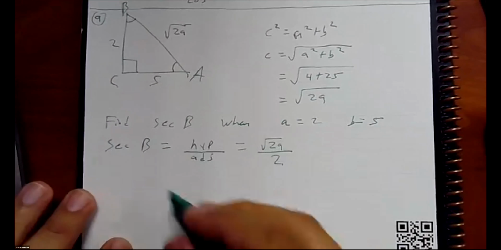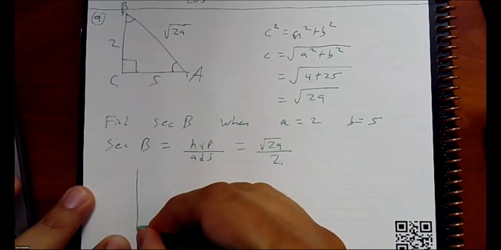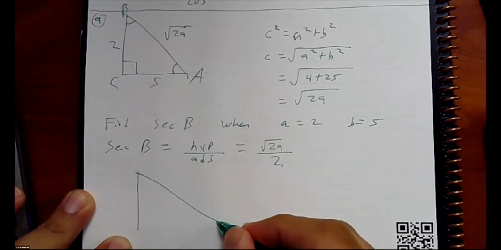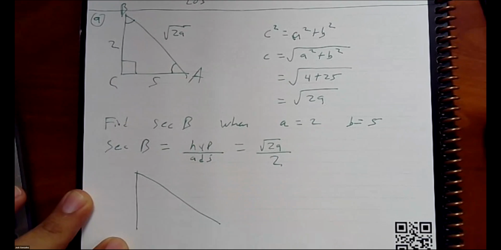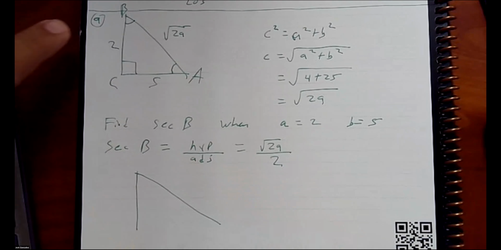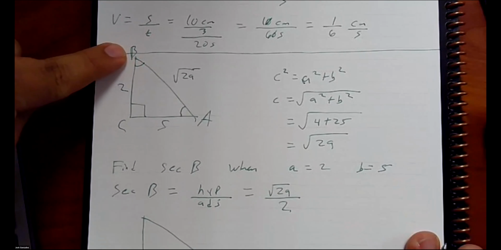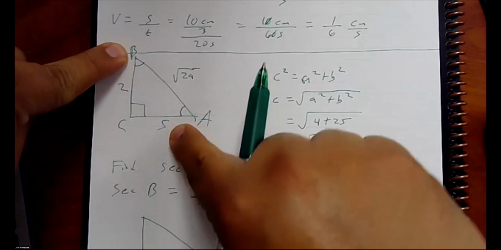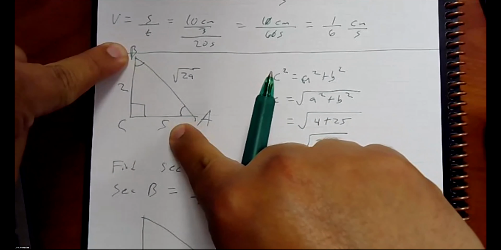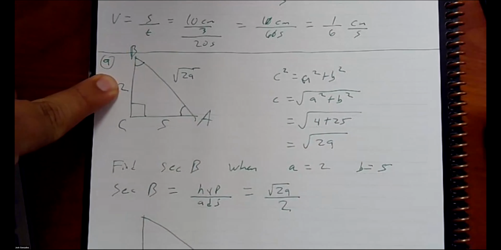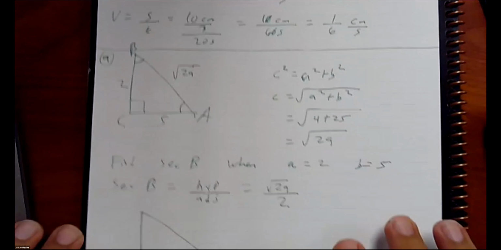Would the adjacent be 5 then, not 2? Because 2 is opposite. So it would be square root of 29 over 5. Well, opposite to B is 5. Okay, gotcha. Adjacent is 2. Okay.